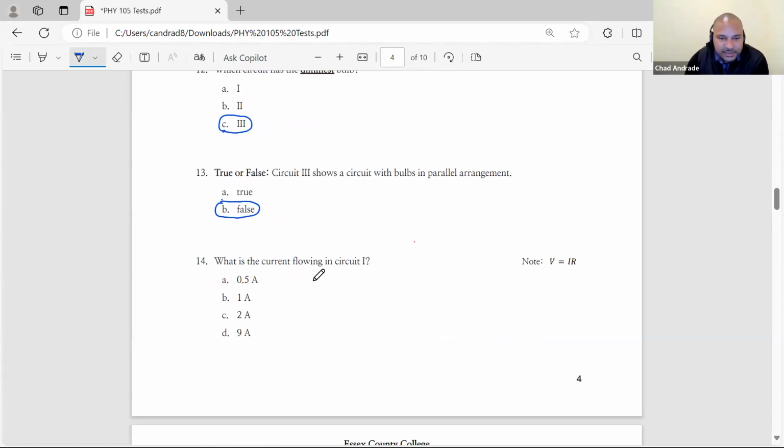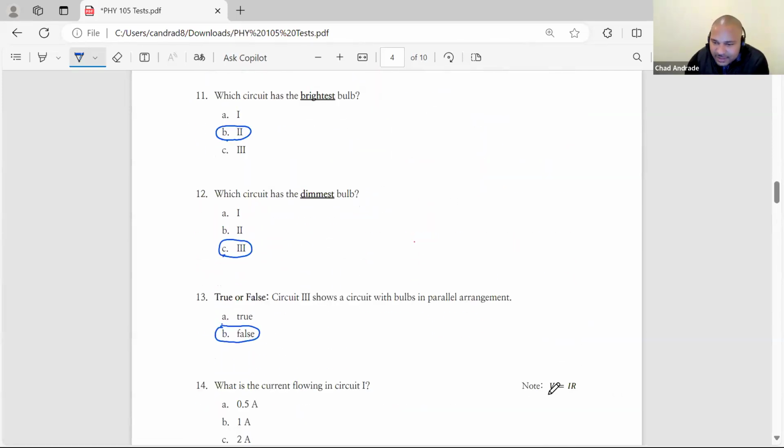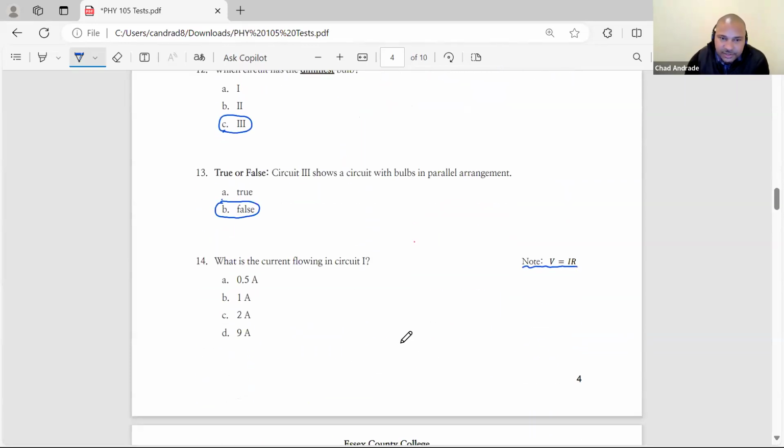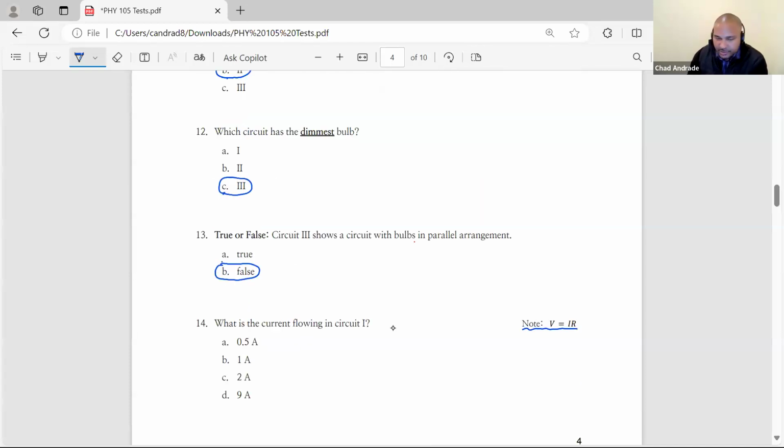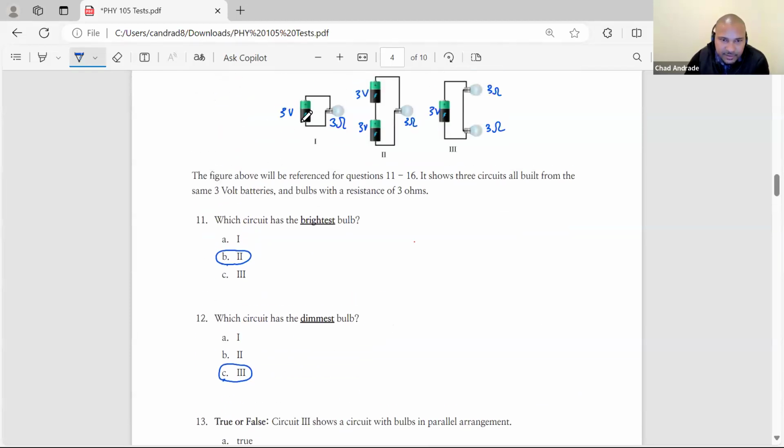Question 14 says, what is the current flowing in circuit 1? And it gives us a little note on the right-hand side: remember, voltage equals current multiplied by resistance. So here's a little bit of math. This is circuit 1, the one on the left-hand side.